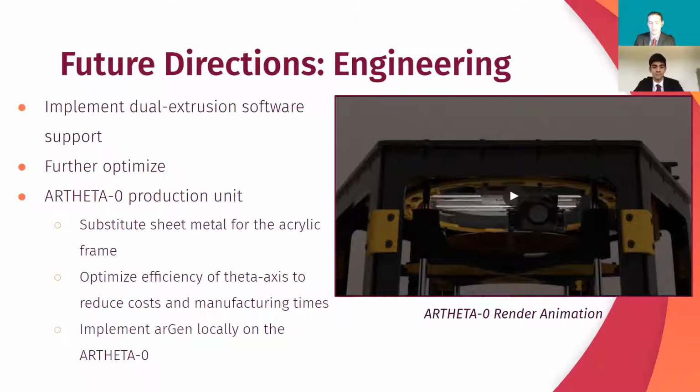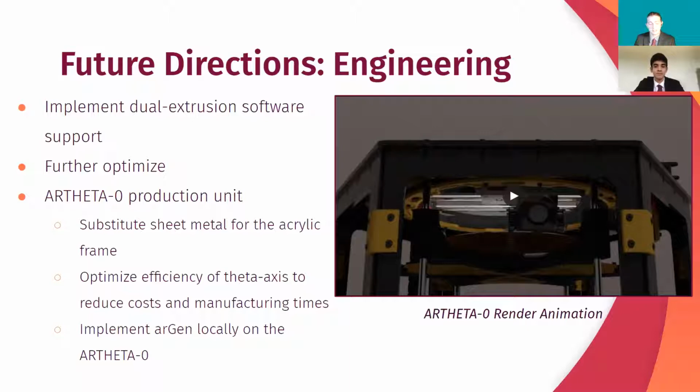Additionally, we're hoping to optimize the efficiency of the theta axis in order to both reduce costs and to reduce manufacturing time. Some of the changes we are making here are that, one, we are going to replace the current tensionable V-groove bearing setup with a more consistent 8.5-inch complete bearing. And then also, we are going to be looking at a change in the actual composition of some of the motion systems within the theta axis, again, to just increase rigidity and printer longevity.